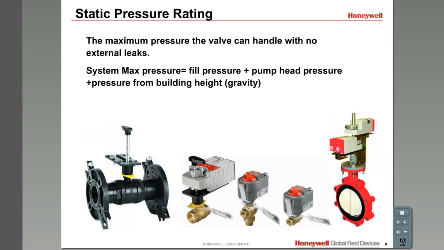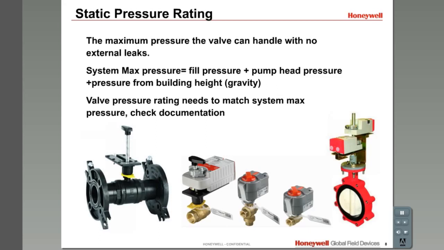Commercial control valves for water often have static pressure readings in the 150 to 360 psi range. The job documentation should state what static pressure ratings are required for each valve. Although proper selection is important for safe and reliable operation of the system, it does not impact the controllability of the system.